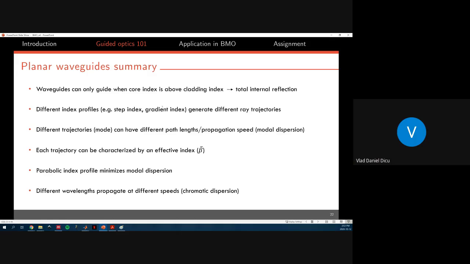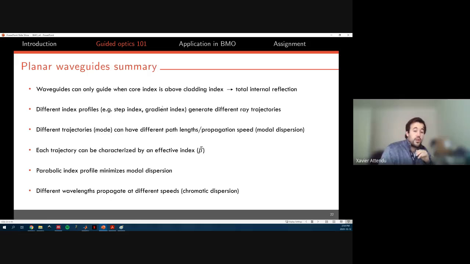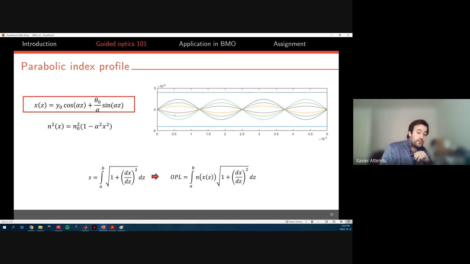Yes. They all have the same, how would you call it? The same pathway. Isn't it the same direction? Is it the same direction? As you can see in the figures here, each line corresponds to a different path. So they have different paths, but they travel the same optical path length.